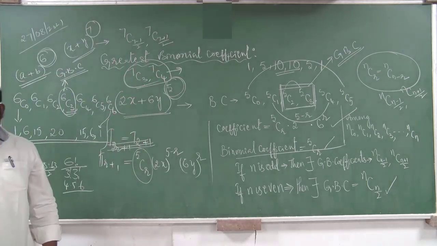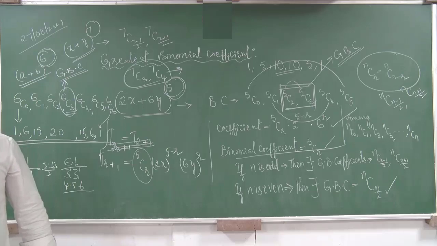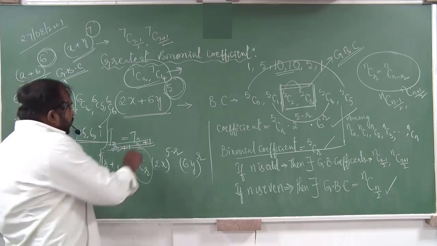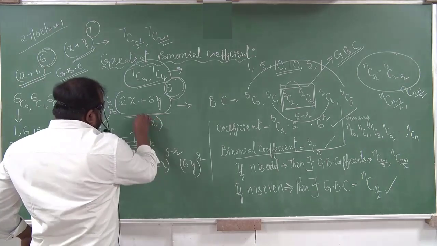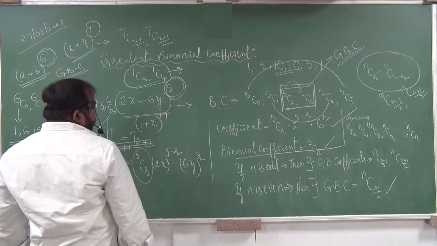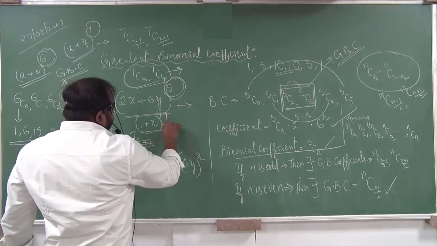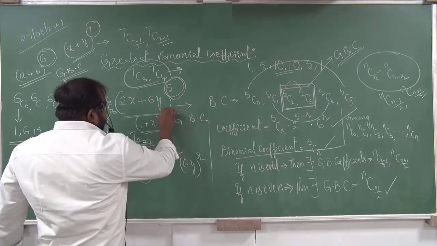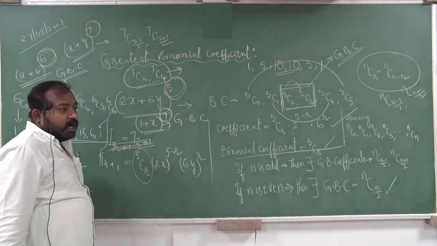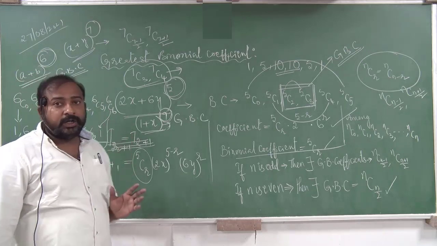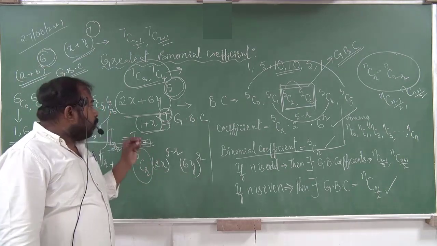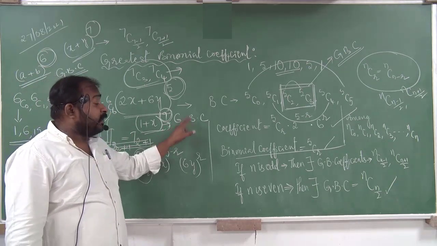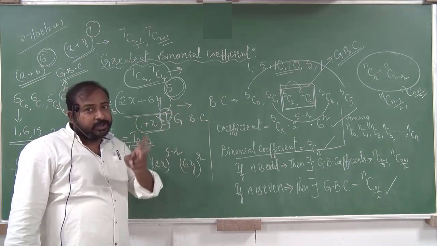I hope that this is clear. Here is one more example they gave: (1+x) whole power 19. What is the greatest binomial coefficient? Since power 19 is there, and 19 is odd, you will get two coefficients.